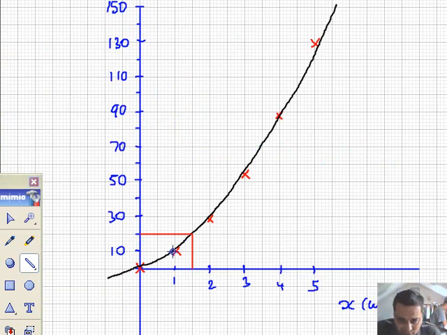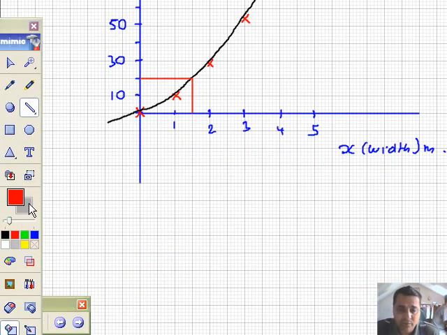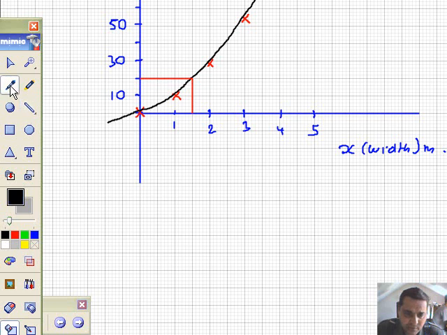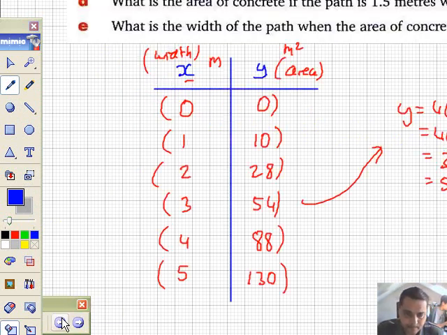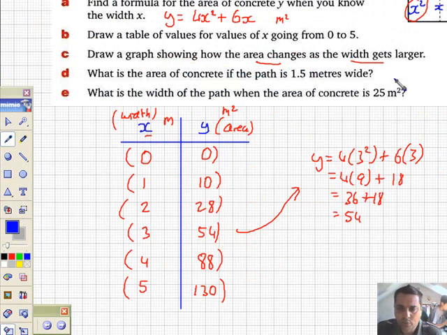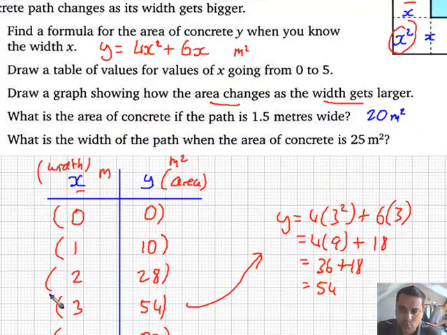As you can see, I've gone a little bit higher there, it should be a little bit lower, shouldn't it? I've missed the point there. But anyway, from my graph, it's the best I can do at the moment. I've gone up there, turn left, and I make mine about 20. So put the answer down there. What is the area? 20 meters squared.